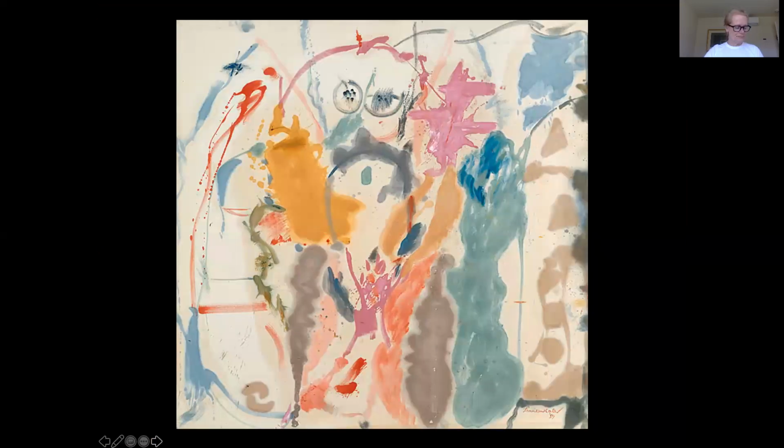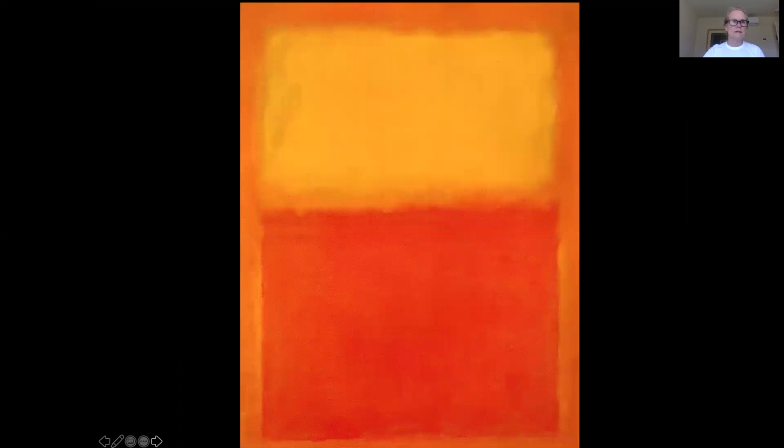Here's another one. The other really famous color field painter was Mark Rothko. And Rothko, he was part of that boys' club. He became very, very popular, very famous. And he was in that same group with Pollock and de Kooning.